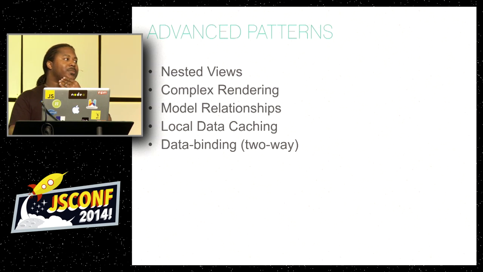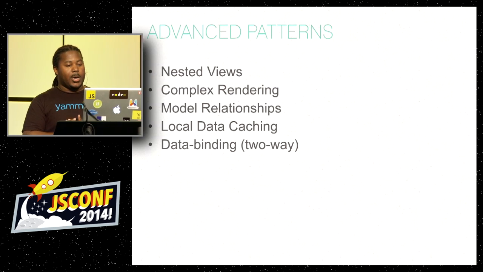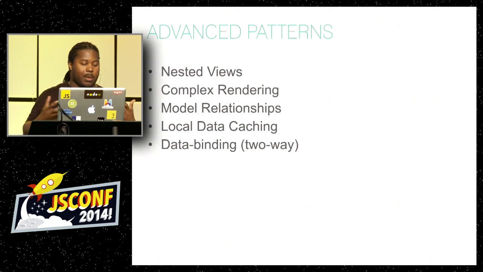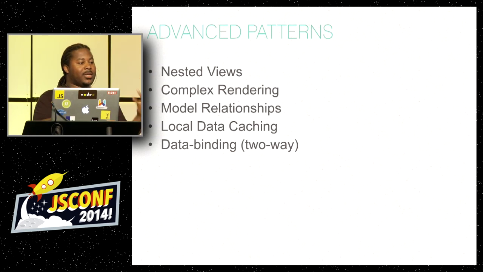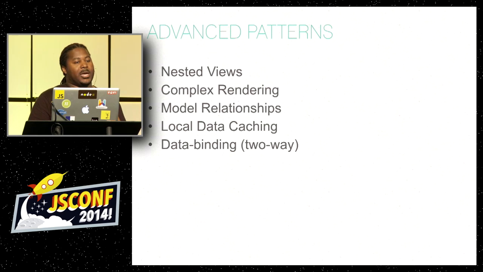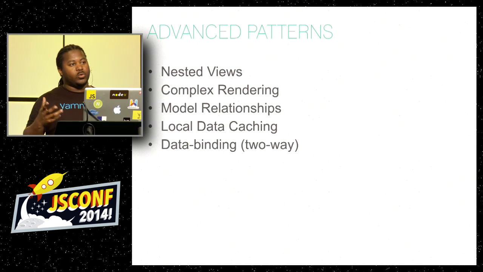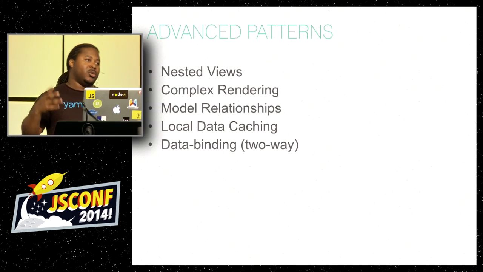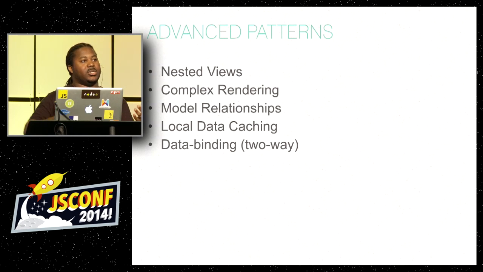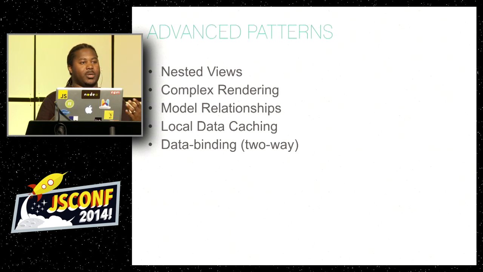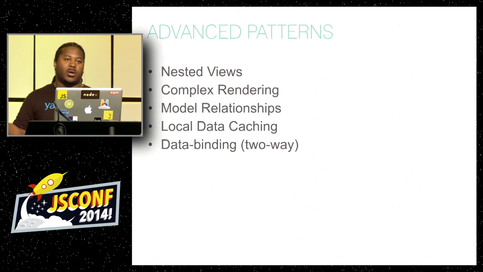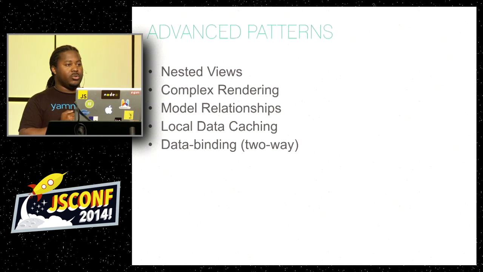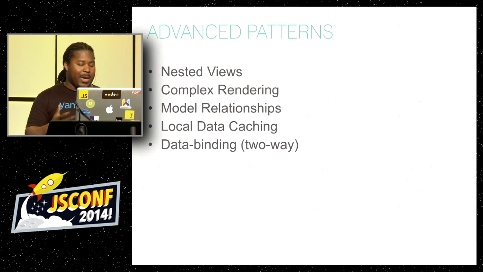Model relationships. This is the idea that when your client-side app becomes more complex, you want to take this model layer that you're familiar with and start to have better tools for representing your entire data domain, right? So maybe you have some messages and you need to know which user sent them. You want to be able to take that message and say get user, and it'll give you back this particular user automatically, right?